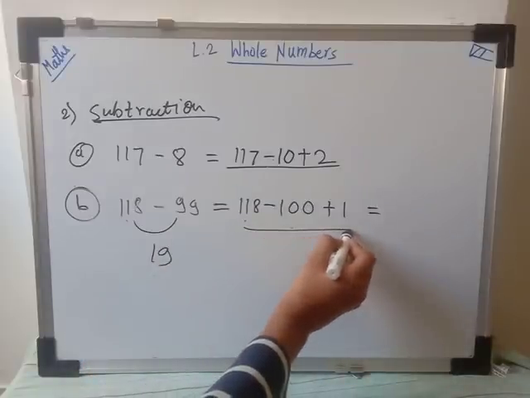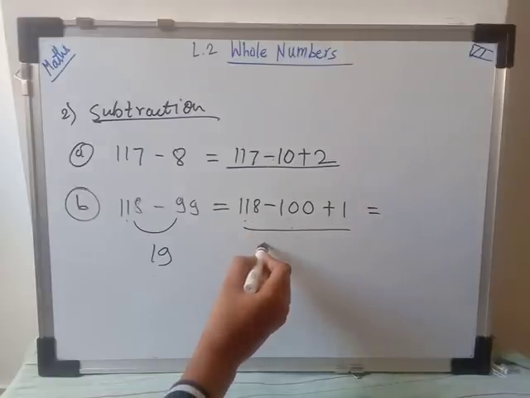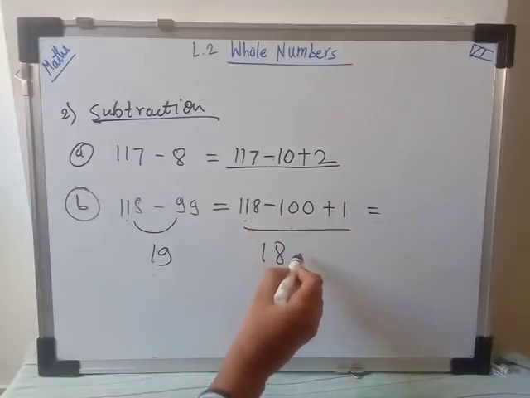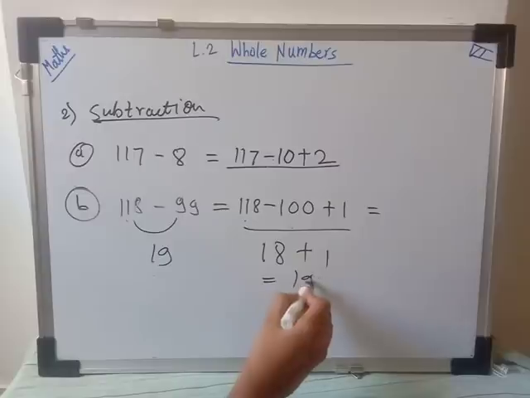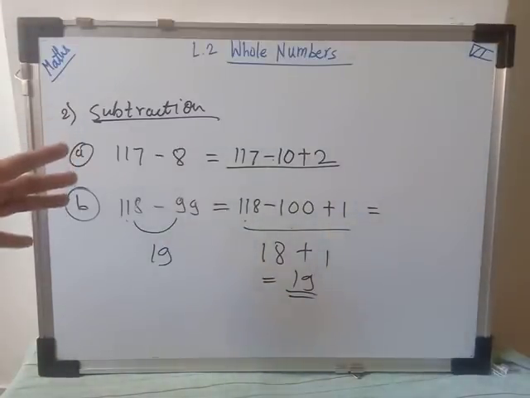From this pattern also you will get the same answer. 118 minus 100 is equal to 18 and plus 1 is equal to 19. See, same answer you are getting. And we have learned this type of pattern in the distributive property. Now let's see another example for the multiplication.